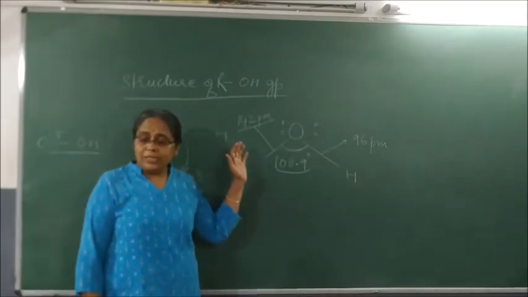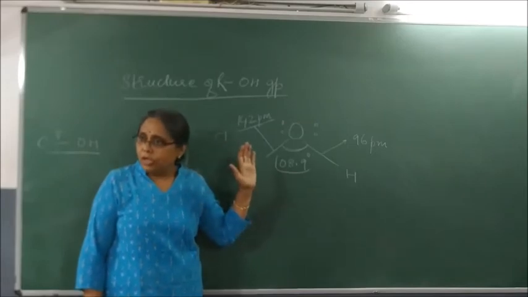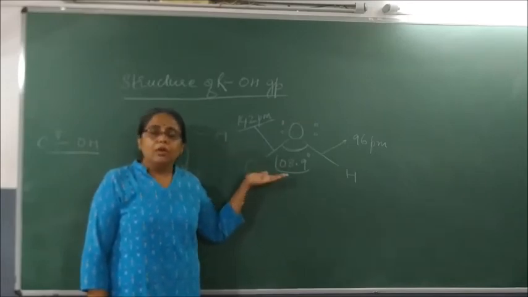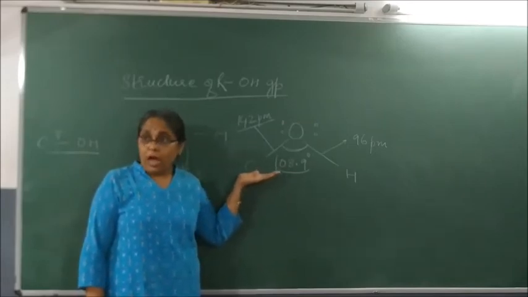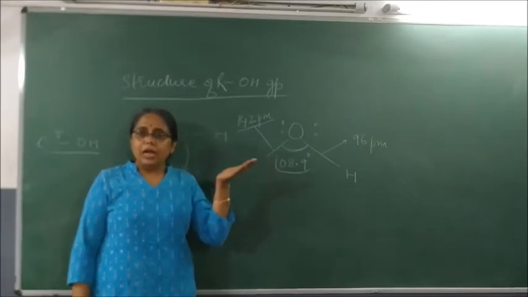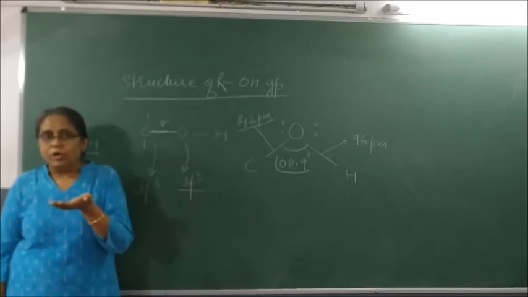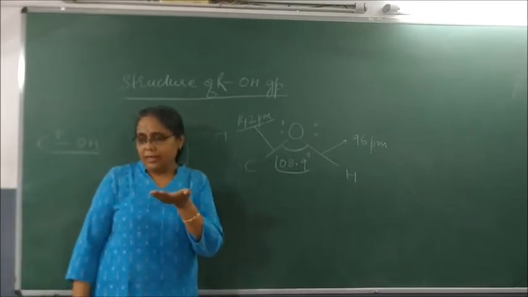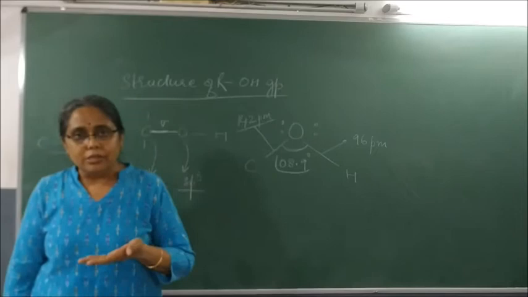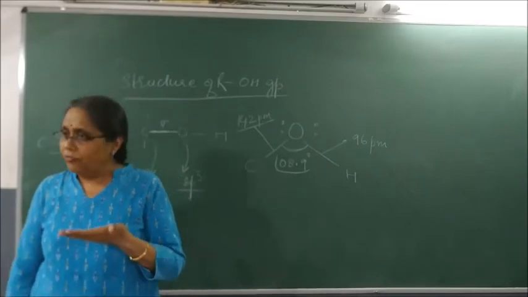As we are only studying preparation of what alcohols now? Aliphatic alcohols. We are talking about the structure of the ROH group. When we start phenols, we will study the structure of ArOH. What is ArOH? Aromatic alcohols. And when we do ethers, we will study the structure of ethers.